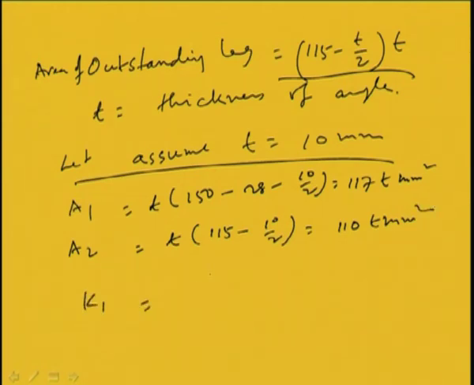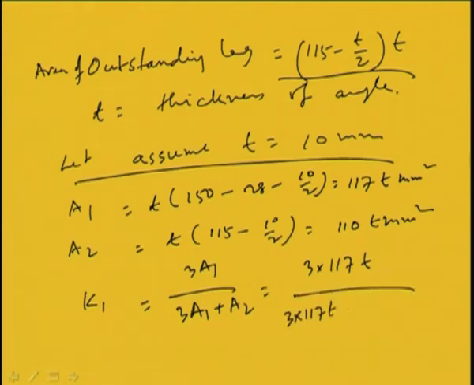So, K1 will be 3A1 by (3A1 plus A2). So, 3 into A1 means 1170 by (3 into 1170 plus A2 means 110 t). From this we are going to get 0.761. So, the coefficient K1 is coming 0.761.